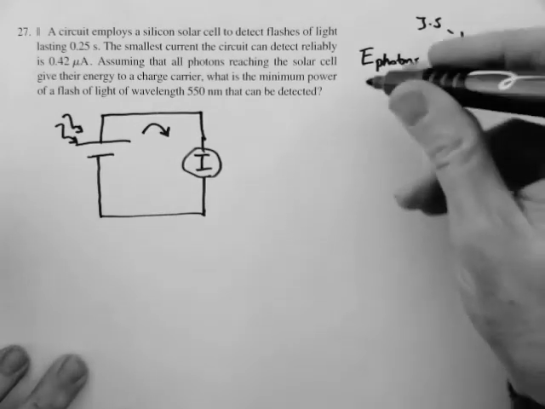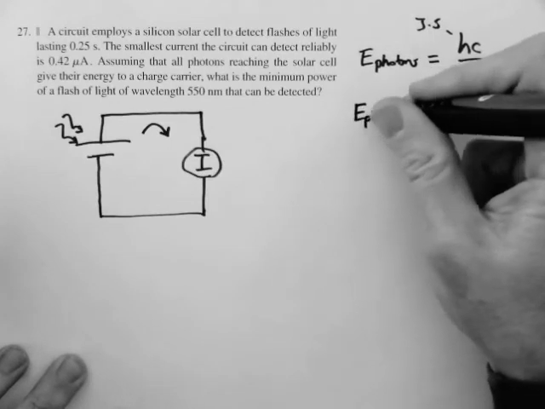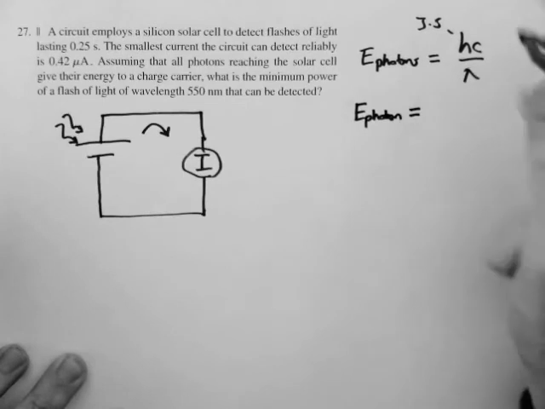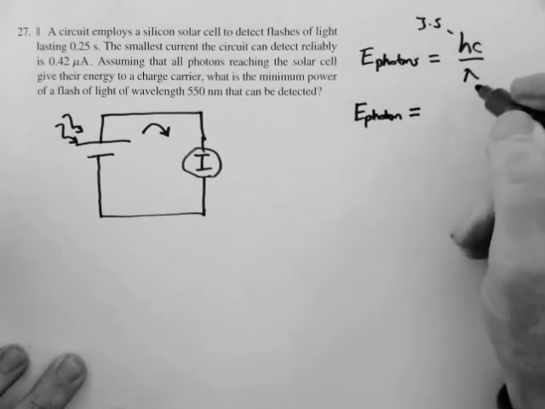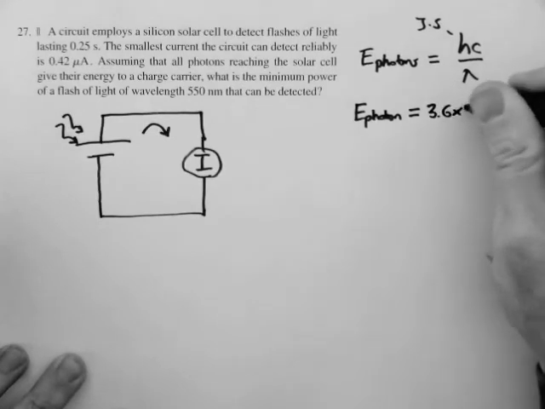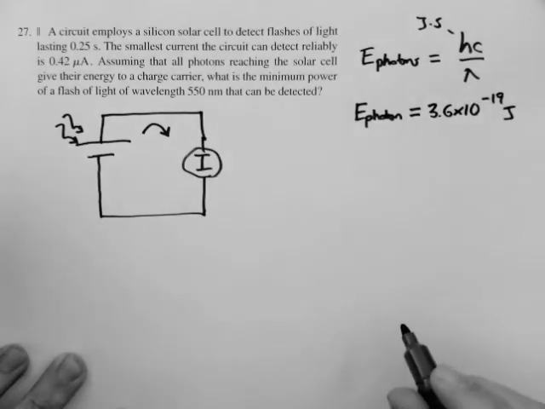Now, if we do that, the energy of the individual photons for 550 nanometer light, hc over lambda, if we work that out, my individual photon energy is 3.6 times 10 to the minus 19th joules. Okay? That's the energy per photon.